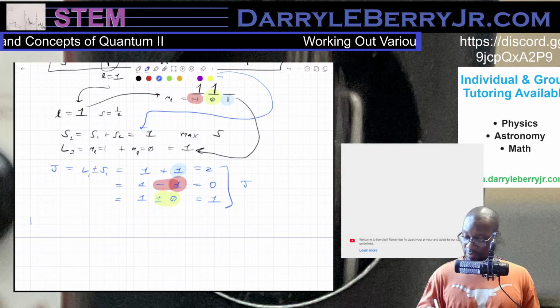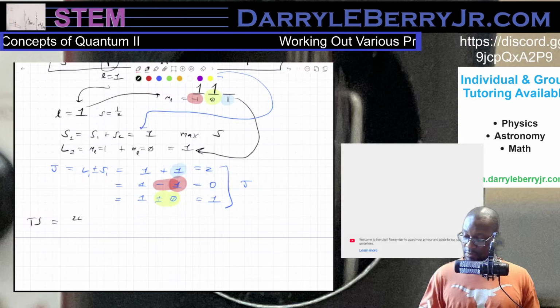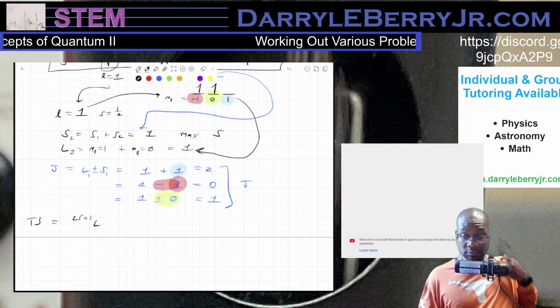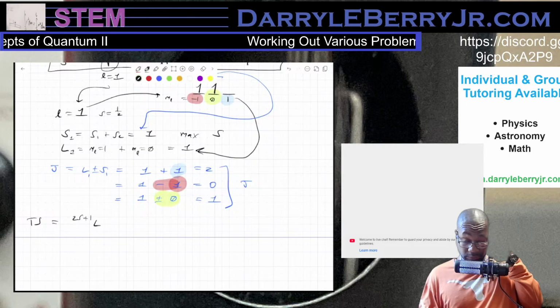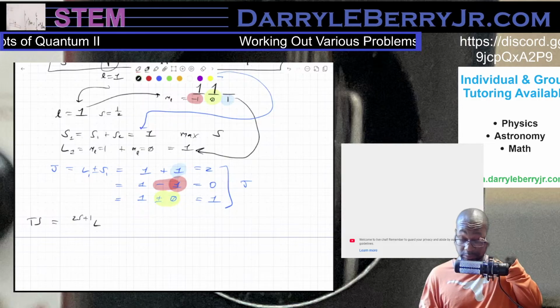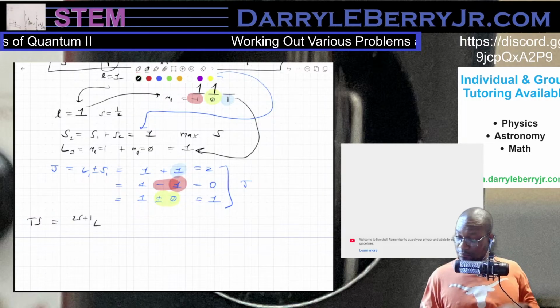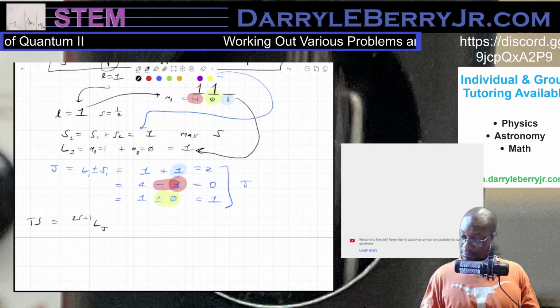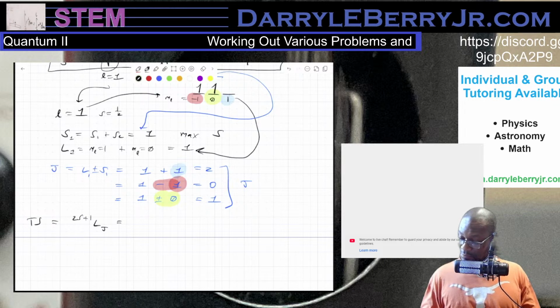So the term symbols are going to be 2S plus 1, L, and J. So we have n is always 2.